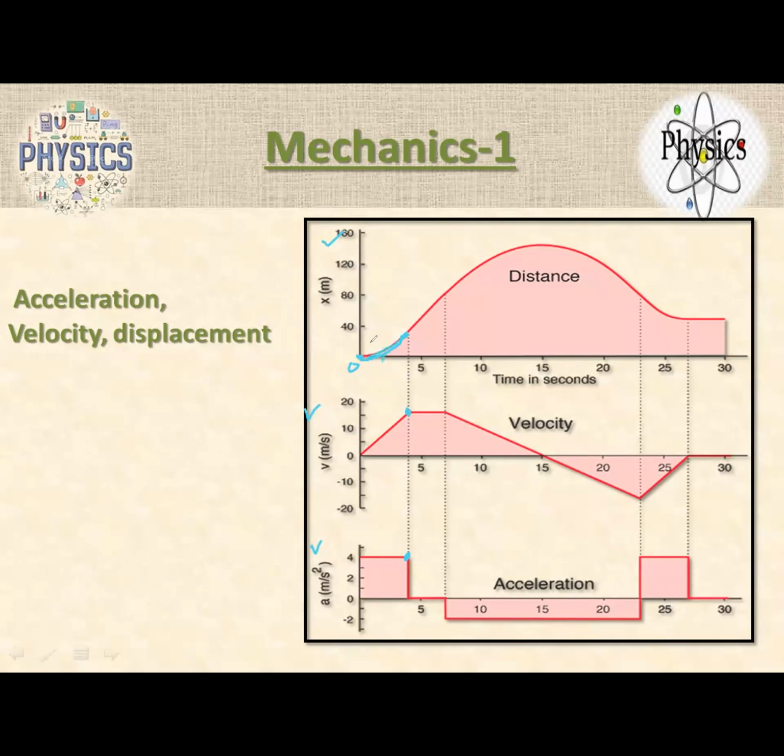Here there is no slope, completely at zero. As you go up from here to here, the slope is increasing. So you can also see velocity. As you can see, displacement is changing with respect to time, and velocity is changing uniformly, increasing.